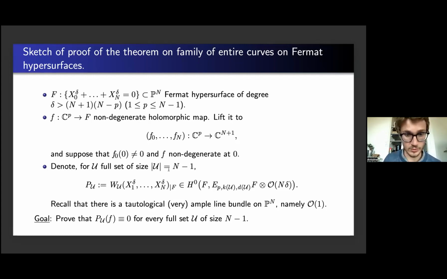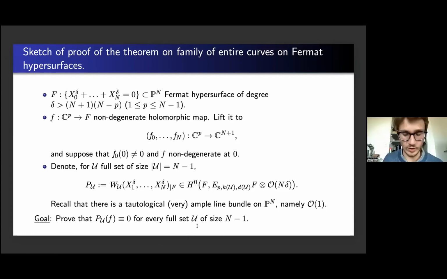And so this will give the equation of the other Fermat hypersurface in which the image of the map F lies. So here we really use the fundamental property of geometric generalized Wronskians in its strong form.